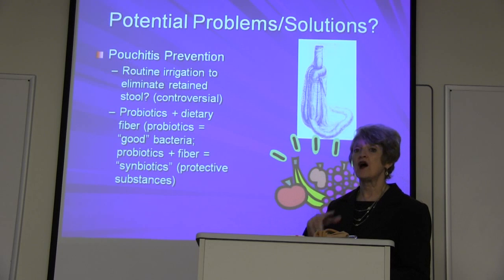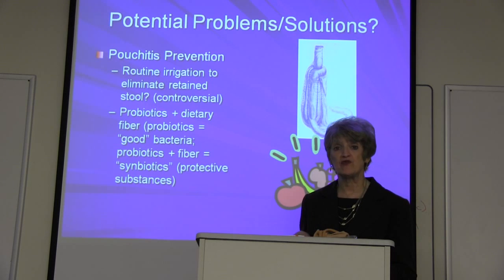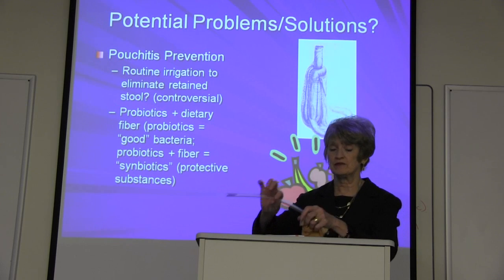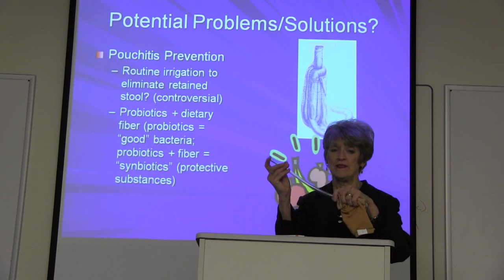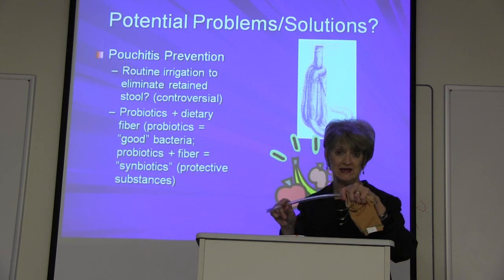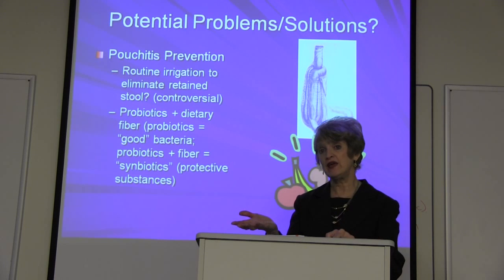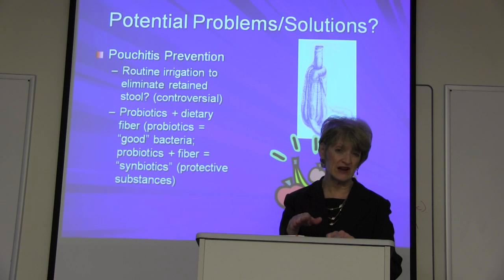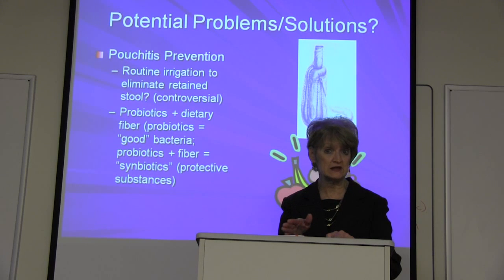Early on, we taught patients to irrigate their reservoir till clear twice a day. So put in the catheter, drain out all the stool, then put in clear water, drain, drain until the returns were coming back essentially clear. And our thinking was that we would flush out any residual stool, we would flush out a lot of the bacteria, and would prevent fecal stasis and bacterial overgrowth.